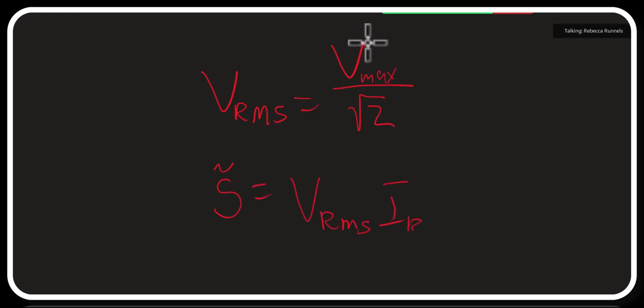So VRMS equals V max over the square root of 2. Now V max is the same as amplitude, it's the phasor value. So if I want to find the complex power, that's VRMS times IRMS.